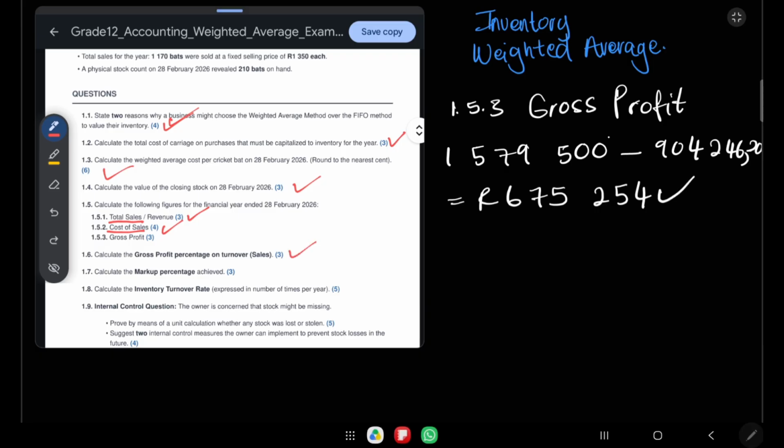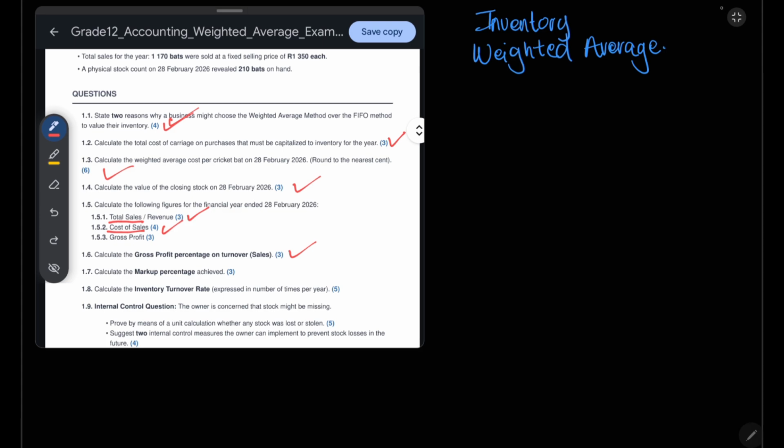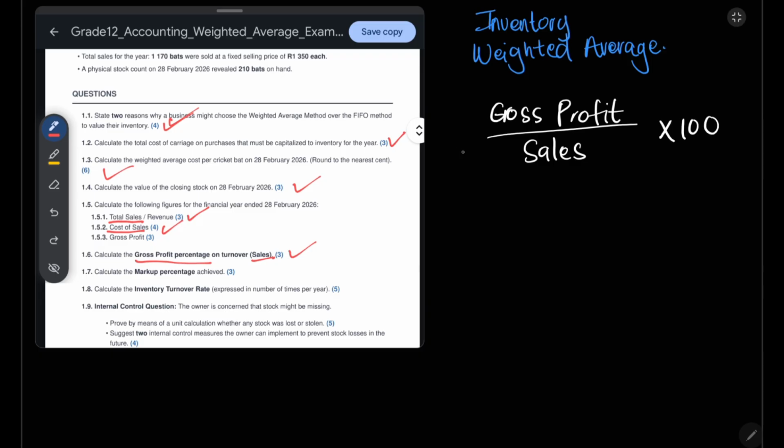Now let's go to the next question. You have to calculate the gross profit percentage on turnover. So they said that the gross profit percentage on turnover, in a bracket, there's sales. Remember the formula, you just look at what you have. You have gross profit on sales, meaning on top of sales, right? Then there's a percentage, so you have to say times 100. Now let's substitute.